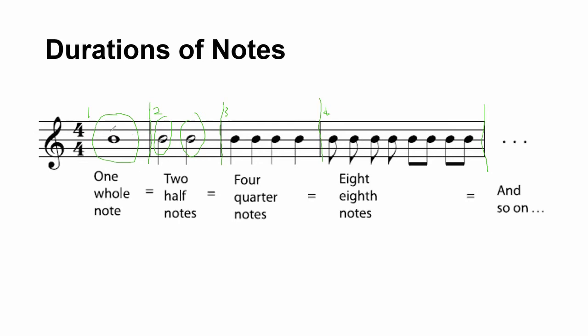Meaning that if you see this note, you sing this for 4 beats, then you sing this one for 2 beats and 2 beats, making 4 beats. But if you come to the third one, you sing this one for 1 beat, 1 beat, 1 beat, 1 beat, making 4 beats total. So that's why 1 whole note is equal to 2 half notes is equal to 4 quarter notes. You see the pattern.